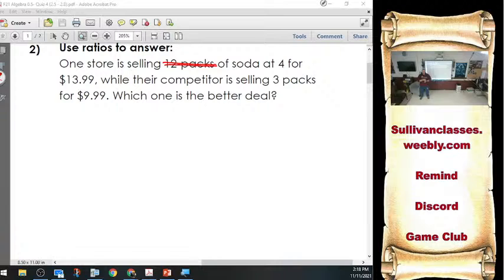Or do I want to know how many packs per dollar? Dollars per pack, right? How much am I spending? So that tells me which way to write it. I need to have money per number of packs, not the other way around, right? Because I want to know how much money per one pack, not how many packs per one money.